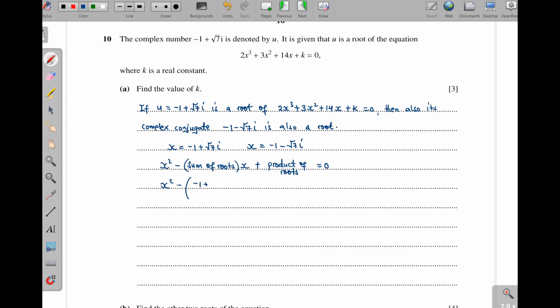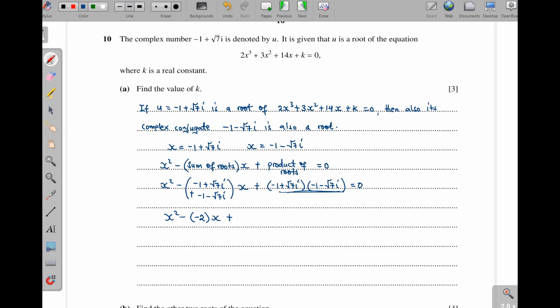So we shall have x squared minus the sum of the roots. So I have -1 plus root of 7i. Then we shall add -1 minus root of 7i. Then times x, then plus the product. We have -1 plus root of 7i, then -1 minus root of 7i. That one is equal to 0. So of course, in here, you're going to see that this i disappears, then you get a -2 of x, and then plus here.